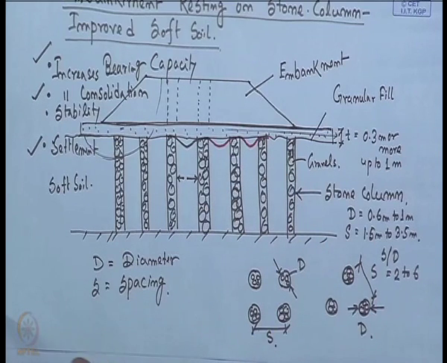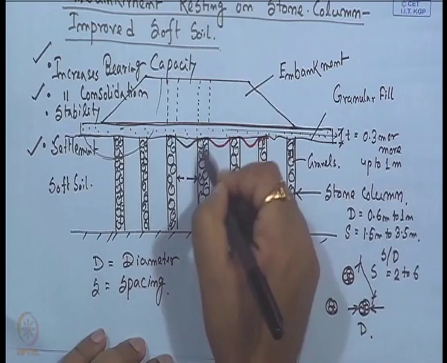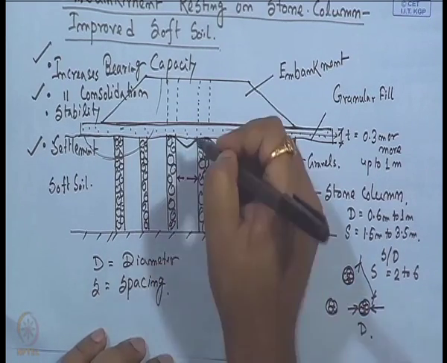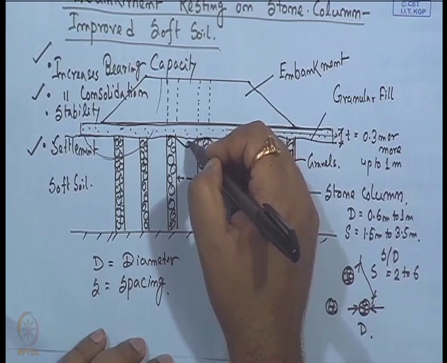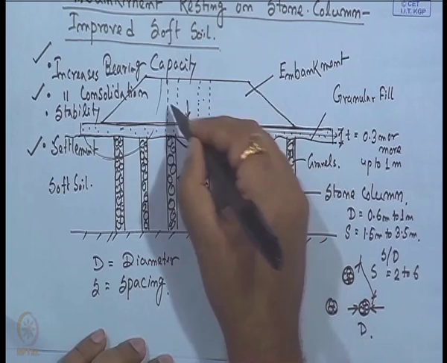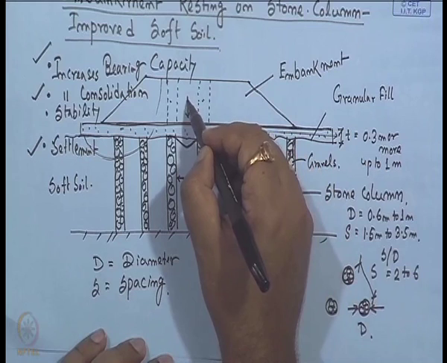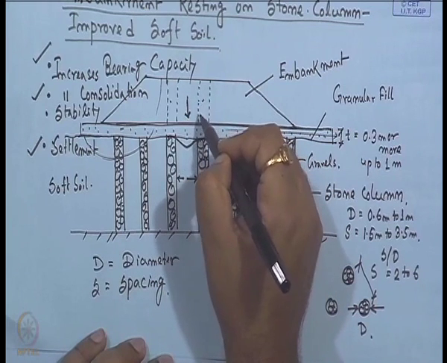The soil above this center zone will also deform more compared to these 2 zones. So, the soil deformation within this zone will be more compared to these two zones.